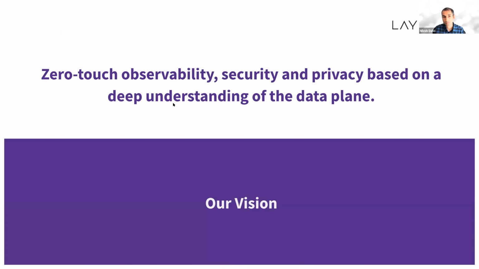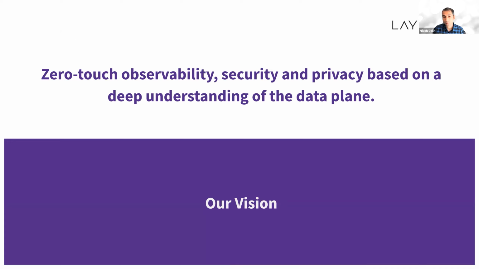Now, our vision is not very different from Istio's broader vision, which is to provide observability, security, and privacy out of the box based on a deep understanding of the data plane.